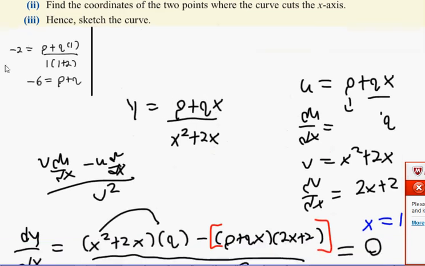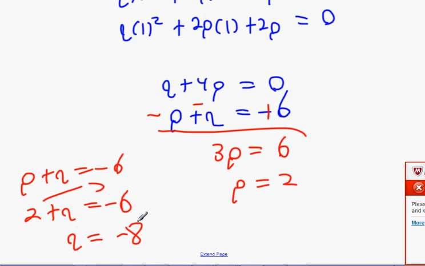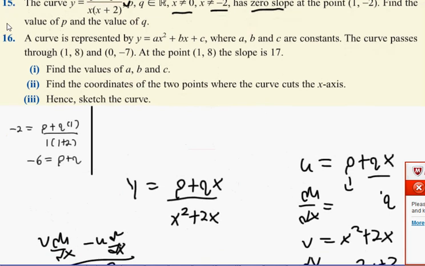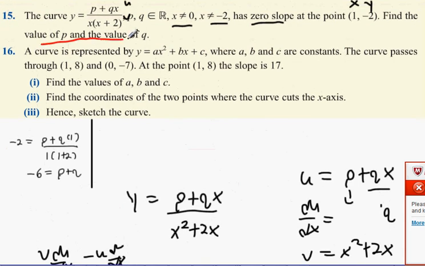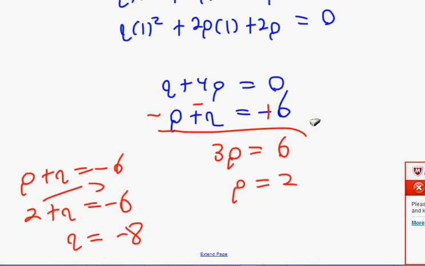What we can say next is that p plus q equals minus 6, p equals 2, 2 plus q equals minus 6. Bring the 2 over to the side, q therefore equals minus 8. Okay, happy enough with that? Okay, let's move on. Have we answered the question? Double check? Yeah. Find p and q, right? Question is answered. Moving on to 16.